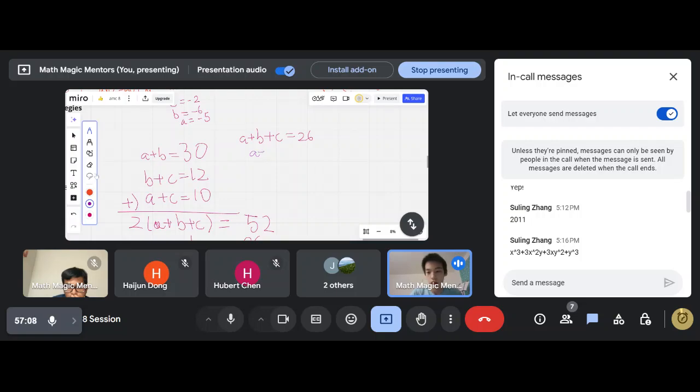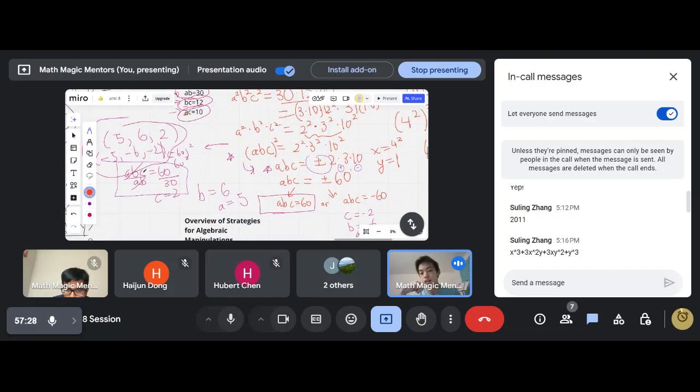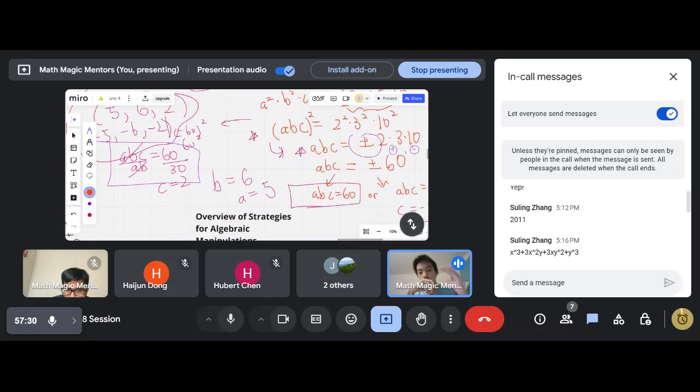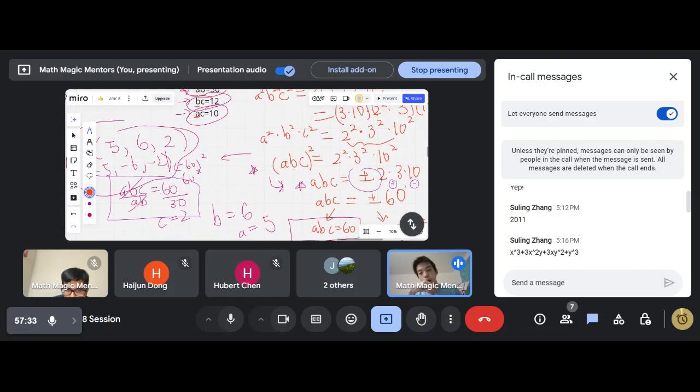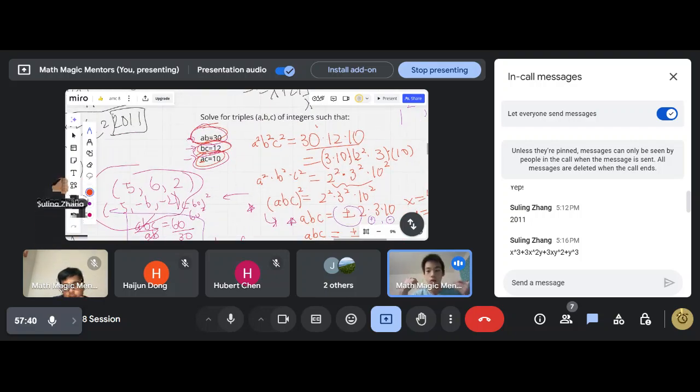So a plus b equals 30. And then what we do is that we subtract a plus b from the intermediate equation to get our value of c equals negative 4. And look at the connection here. We took our intermediate equation and then divided that intermediate equation by one of our given equations, and that gave us one of our values for the variable.